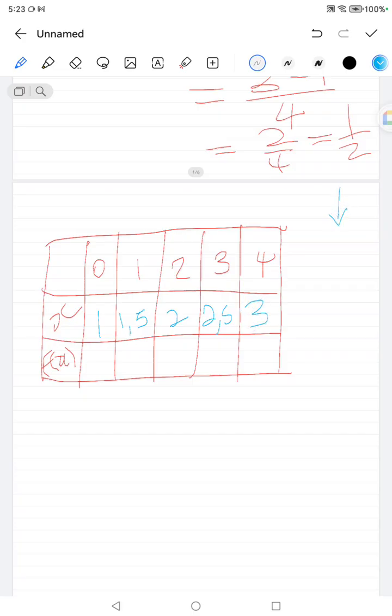Remember 1 over 2 is the same as 0.5. So basically I'm saying 1 plus 0.5 is 1.5, 1.5 plus 0.5 gives me 2, 2 plus 0.5 is 2.5, 2.5 plus 0.5 and you get your 3.